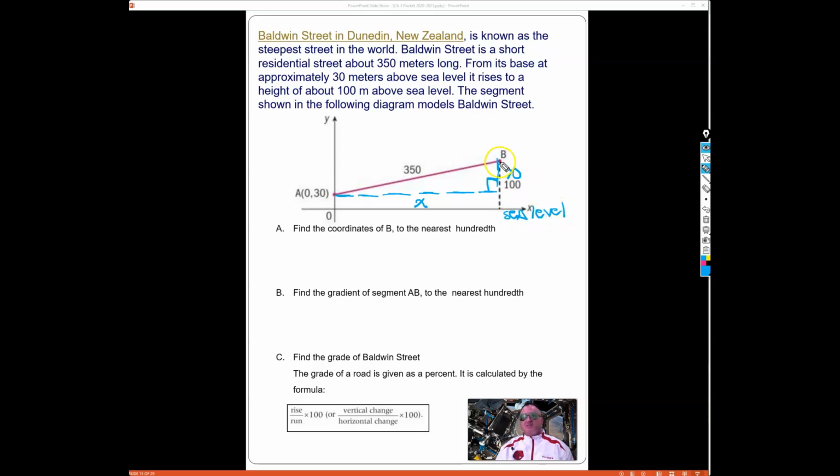From sea level, B would have a y coordinate of 100, and the length of this right triangle would be the x coordinate of B. So we've got to use our Pythagorean theorem here. X squared plus 70 squared equals the hypotenuse 350 squared, and then we solve that.